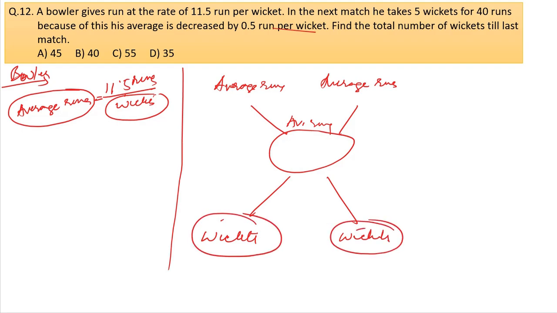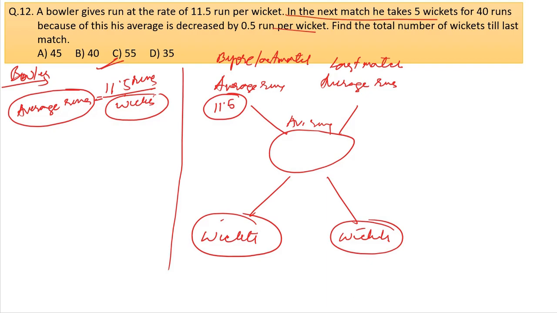So let us use this formula. I'll say here before the last match, and then the last match. Before the last match, his average was 11.5 runs per wicket.